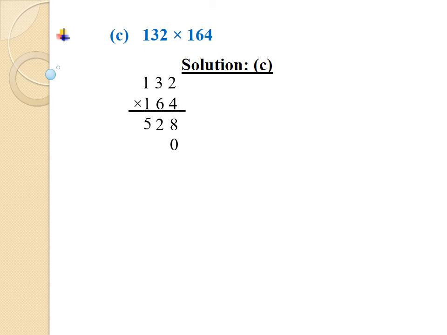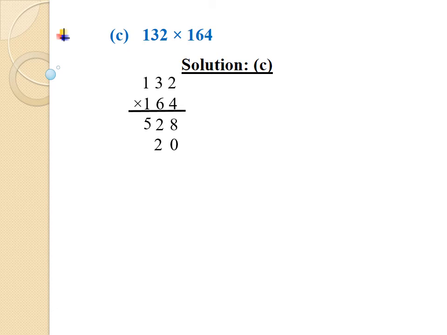Writing 2 at tens place and carry over 1 to hundreds place. Now, multiplying 3 by 6, we get 18. Now, adding 1 to 18, we get 19.